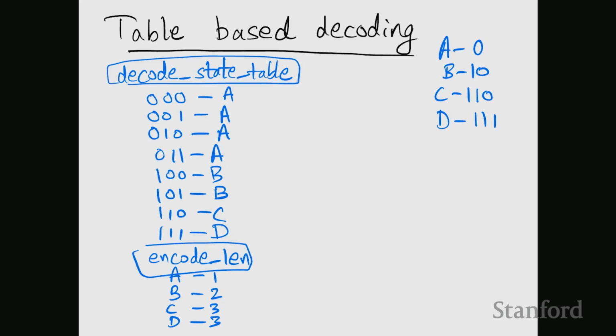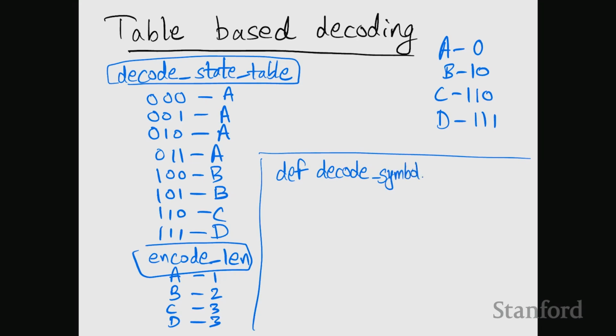If you see a 100 or a 101, the first symbol you would decode is a B, because B is the only one that starts with 10. If you see a 110, then you would decode a C. If you see a 111, you would decode a D. So, with this in mind, you can implement this sort of function.